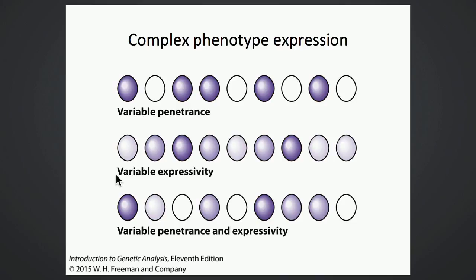The reason these phenomena occur, in addition to potential environmental influence, is genetic modifiers, meaning that other genes could influence to what extent the phenotype of allele X, the mutation, is expressed in specific individuals.